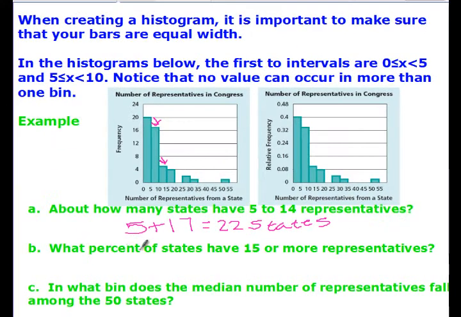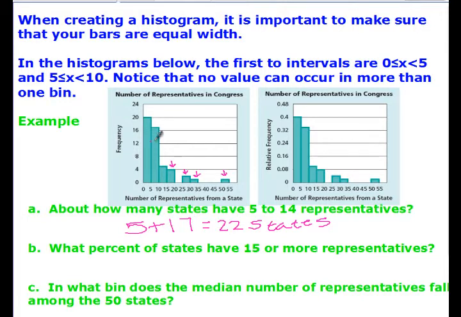So then it says, what percent of states have 15 or more representatives? So now, instead of looking at those two bars, we're looking at this one, that one, and that one.